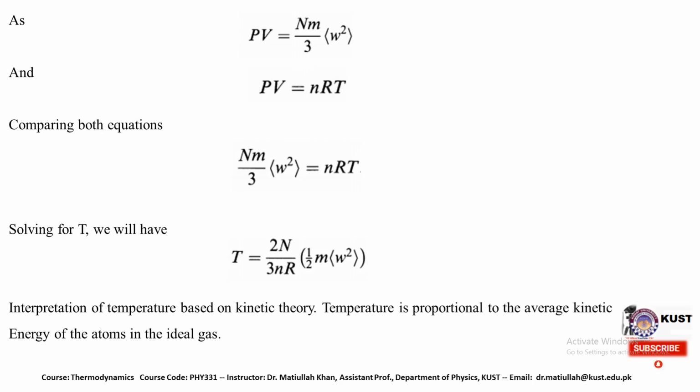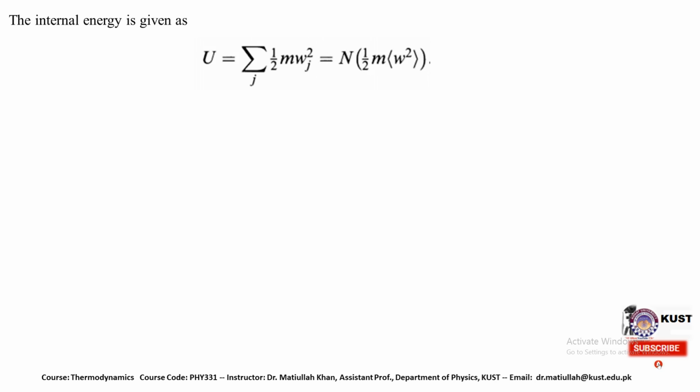The other thing that was most important in describing the system was the kinetic energy, and we developed the equation for it starting from the basic equation: the summation over the number of particles of the kinetic energy of each particle, 1/2 m w_j square.